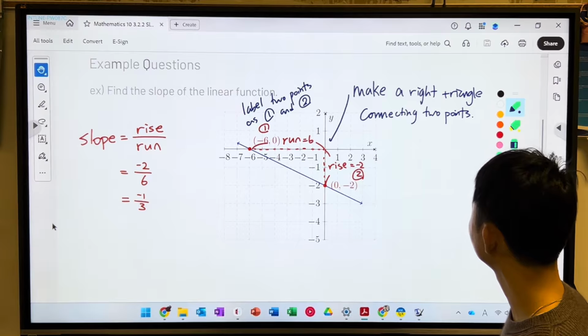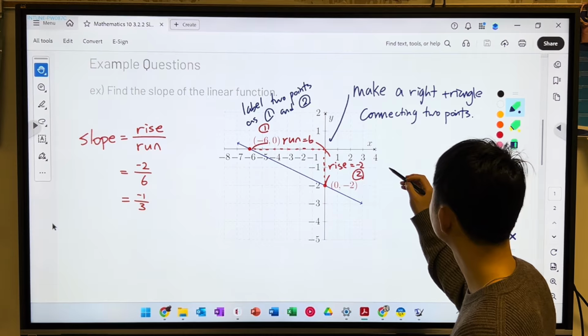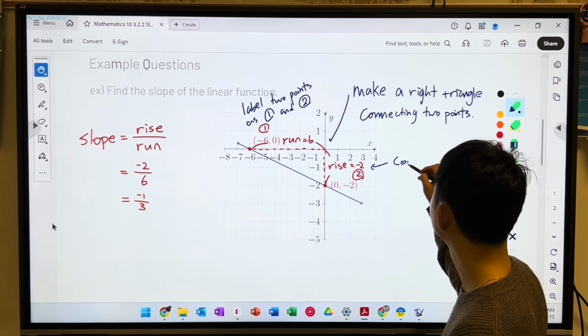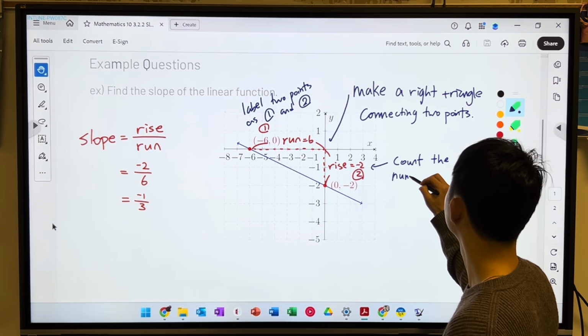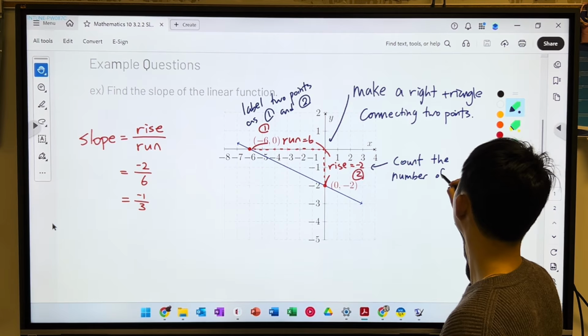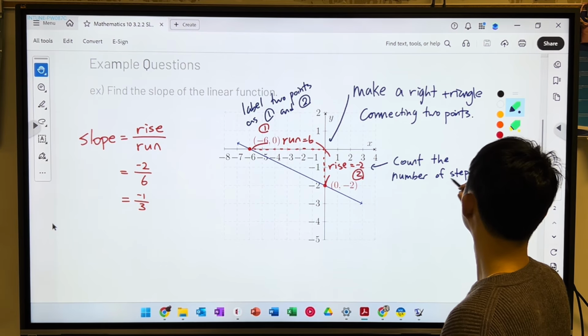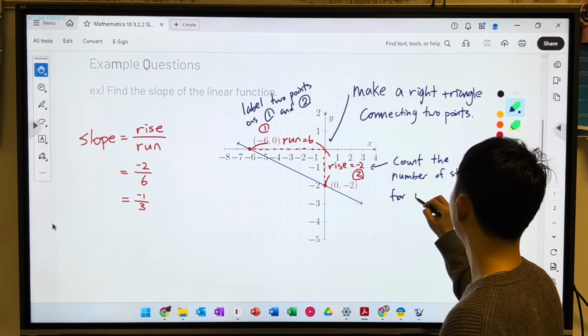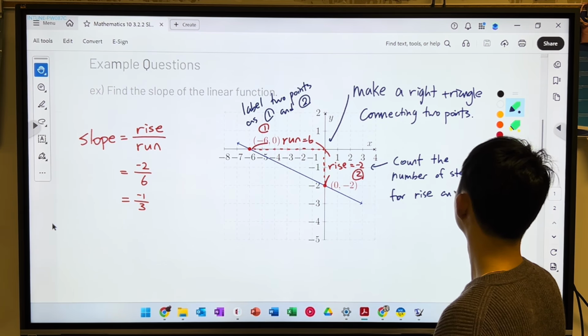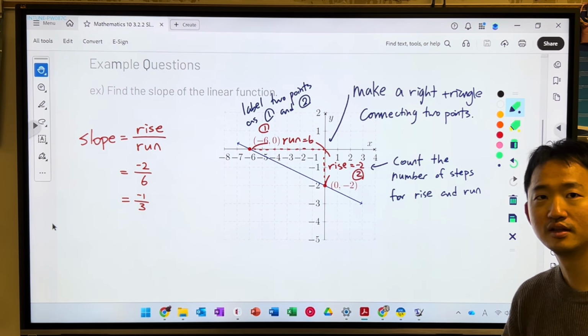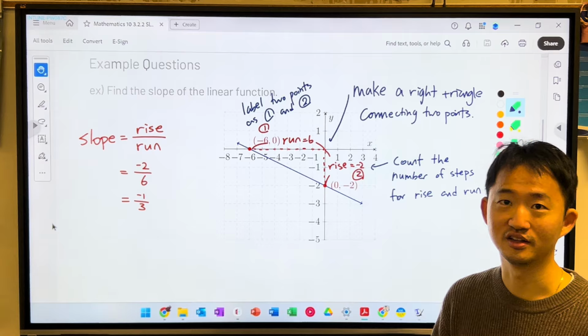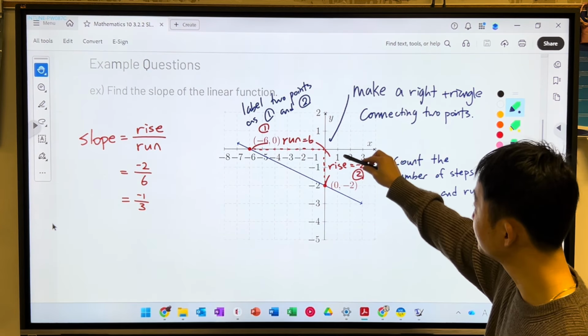And then I made a right triangle connecting 2 points and counted the number of steps for rise and run. In this case, we're not really calculating the rise and run, we're just counting.